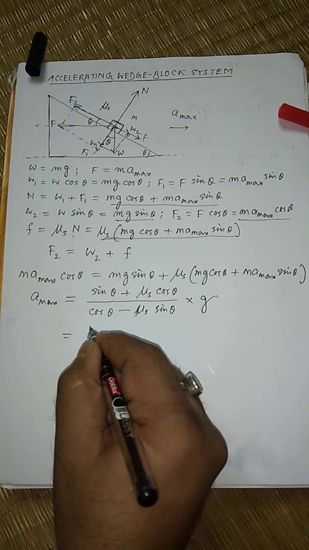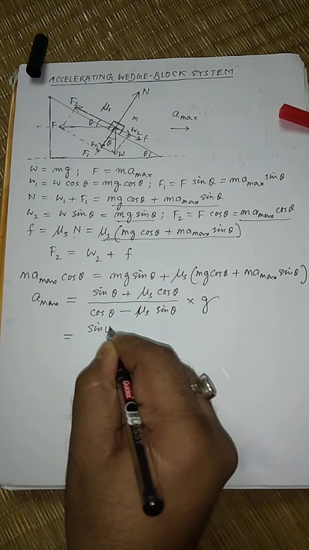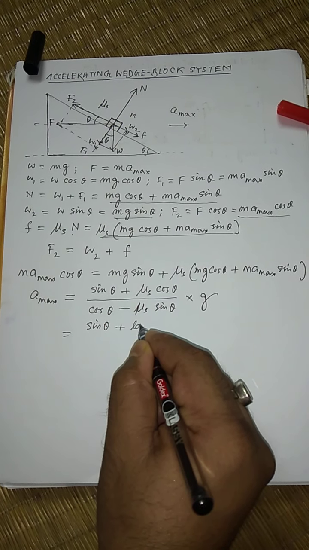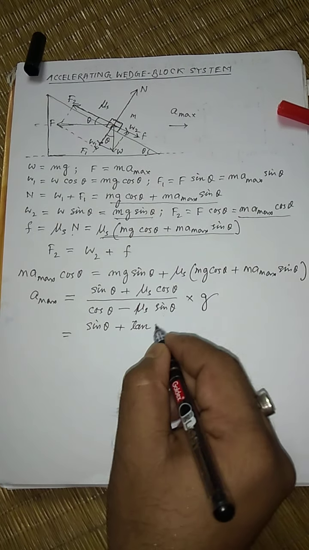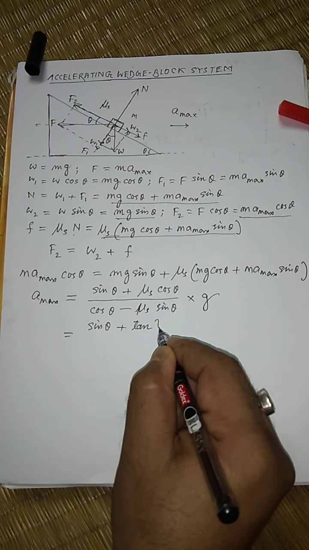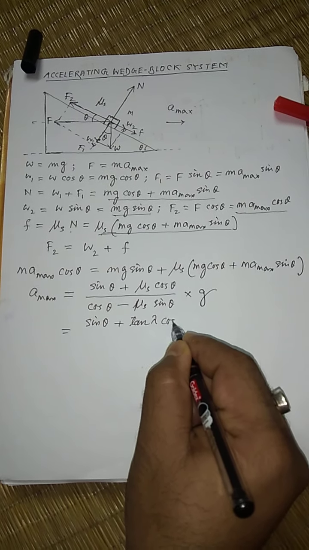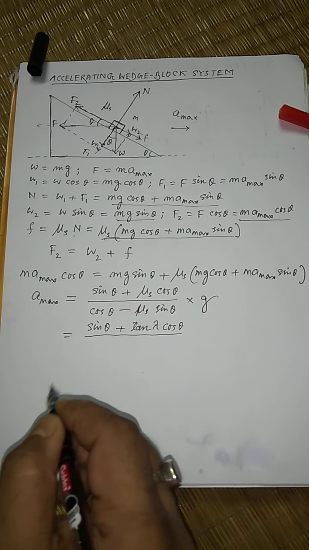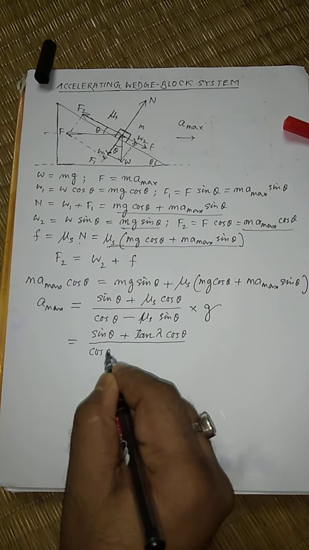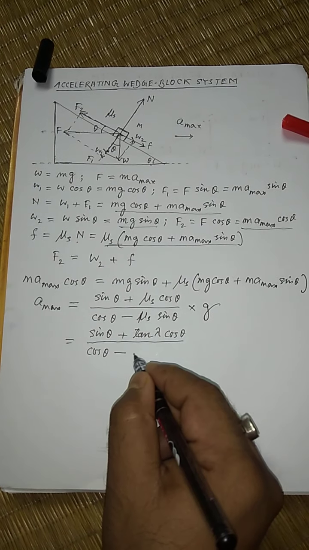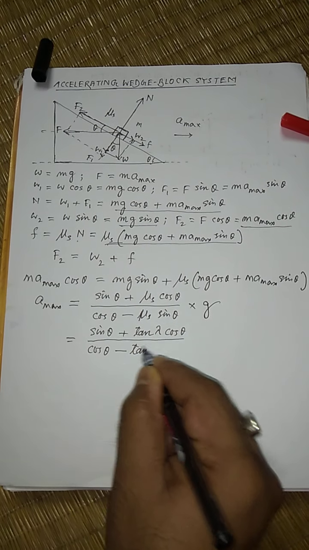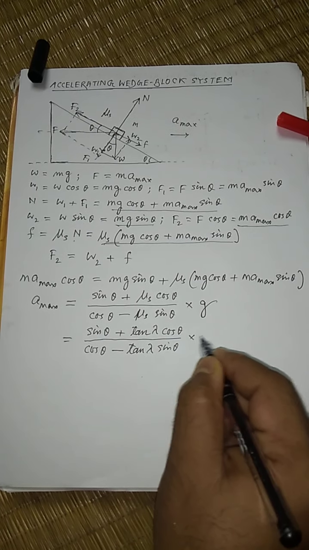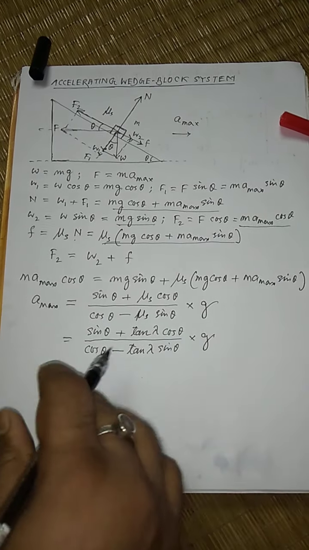Thus, we can write sin theta plus, in place of mu s, tan lambda, where the angle of friction is denoted as lambda, times cos theta, divided by cos theta minus tan lambda sin theta, multiplied by g.